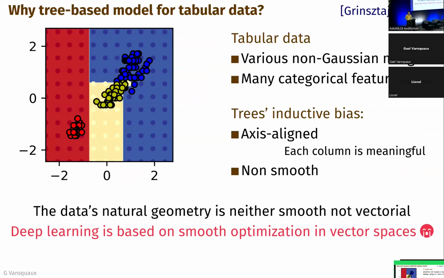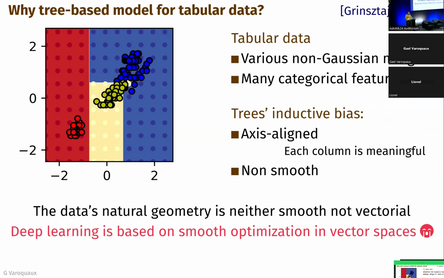The reason is that the kind of data we're looking at typically has various marginals that are different and non-Gaussian. You might have a different marginal for each feature. Each feature is meaningful by itself. Typically, you might have the age, or the height, and it typically has many categorical features.